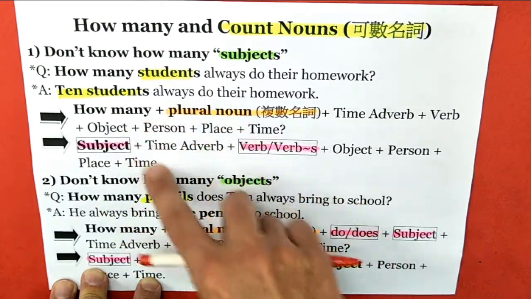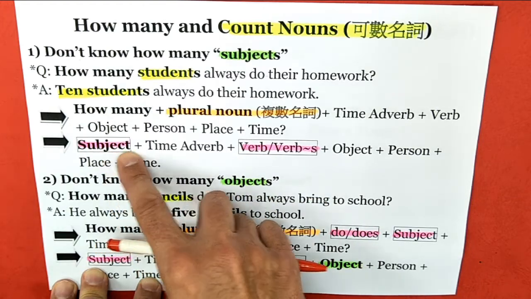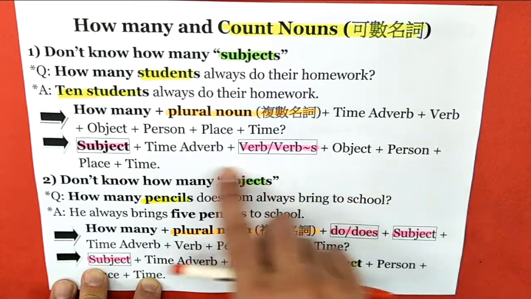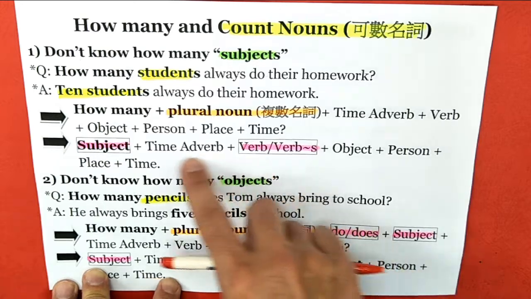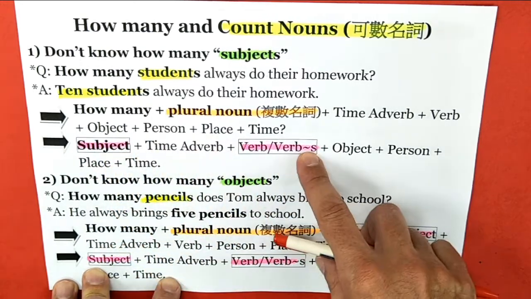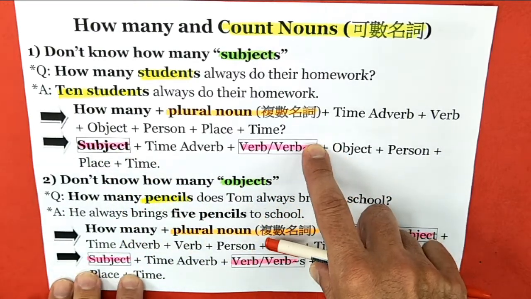Let's say the whole class does the homework. 25 students always do homework with the teacher at school every day. So remember, when we answer, the subject and the verb must agree. 1 subject, verb plus s.